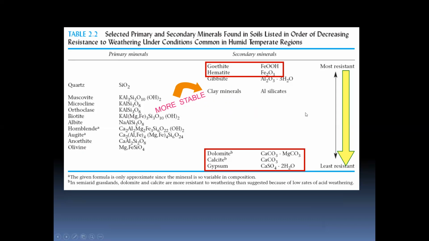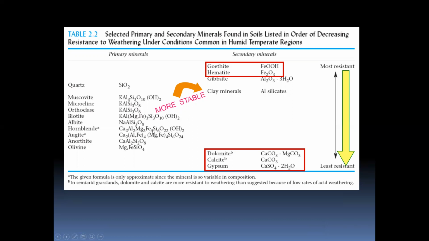Now, the other point: the minerals that exist at the top here are more resistant. It means if you have a rock that has minerals from the top parts here, then it becomes more resistant to weathering than rocks composed of minerals at the bottom. The same goes for the secondary minerals.